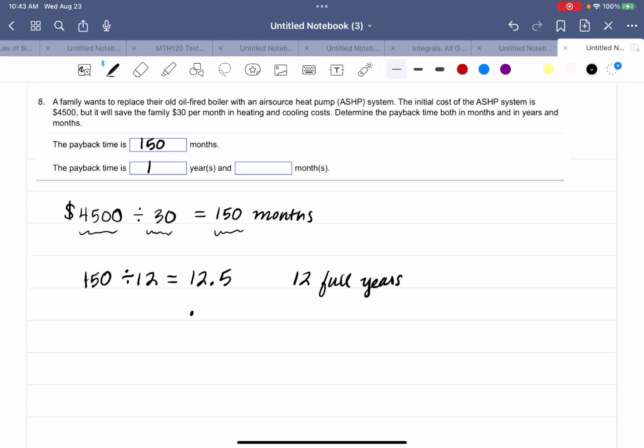But this 0.5 has to be multiplied by 12 to get 6 months. Because 0.5, think of 0.5 as a half. It's also 50%, and half of a year is 6 months. So the payback time is 12 years and 6 months.